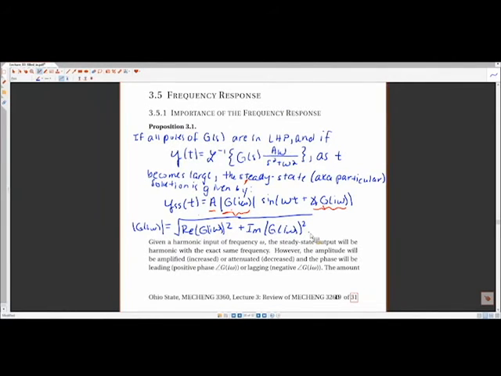And then our phase angle of G(i omega) is the tangent inverse of the imaginary part of G(i omega) over the real part of G(i omega).